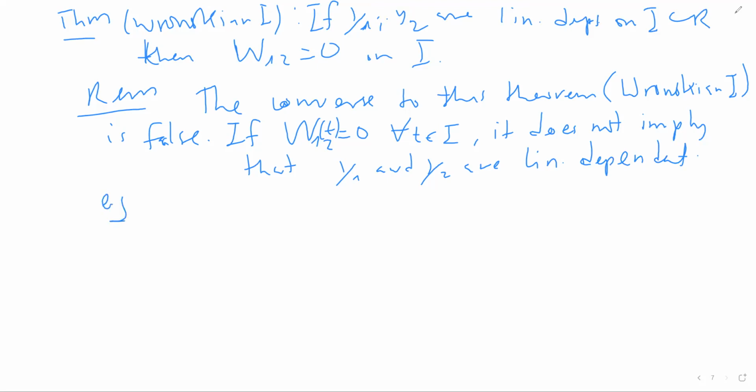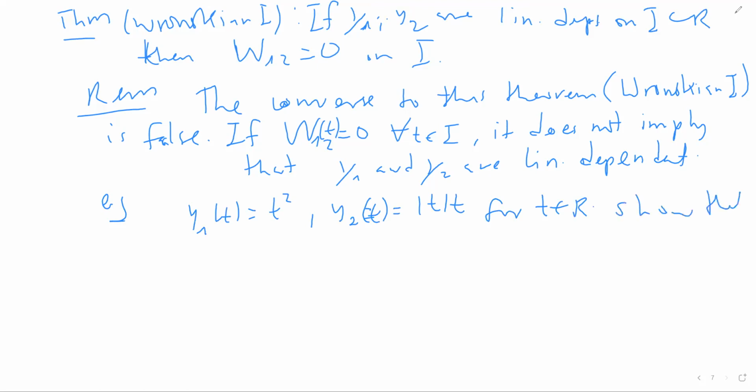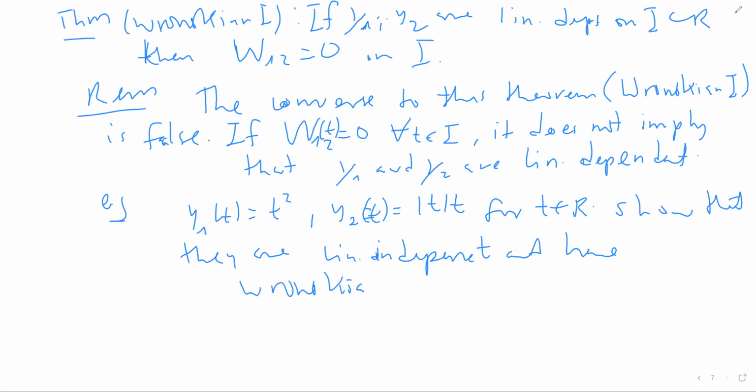A typical example is that if we have y1 of t to be t squared, and have y2 of t to be this for all t in R, then you can show that they are linearly independent and have Wronskian equal to 0.